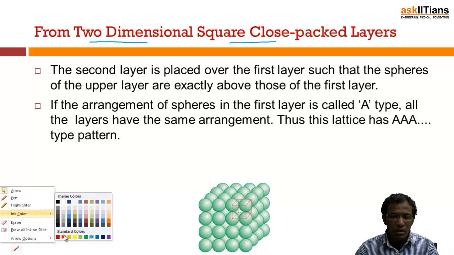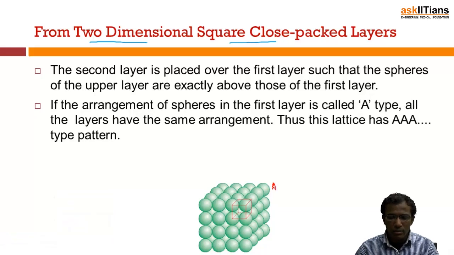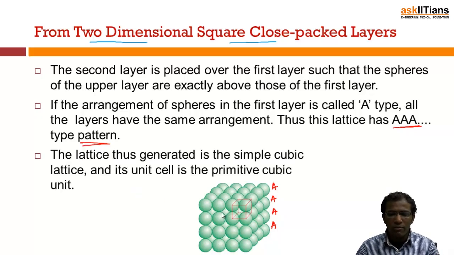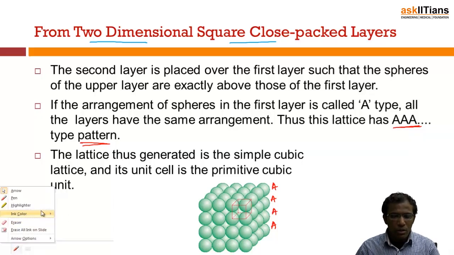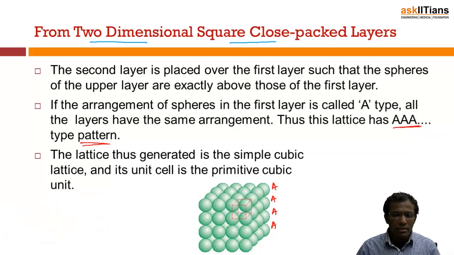That means if I call the first layer A, the second layer, which looks exactly like the layer above, is also A. So all layers are exactly similar, and this is the AAA type of arrangement. This type of crystal lattice thus formed is a simple cubic lattice, and its unit cell is a primitive cubic unit cell.